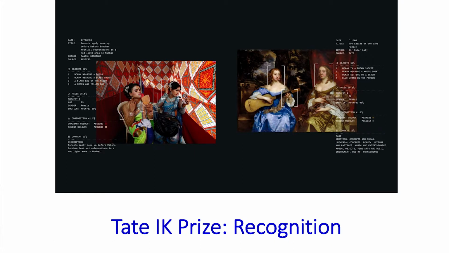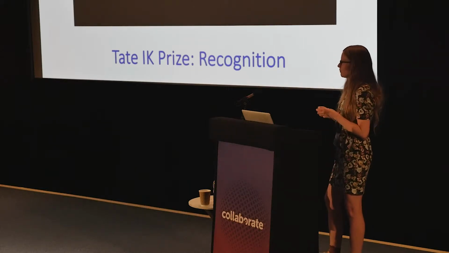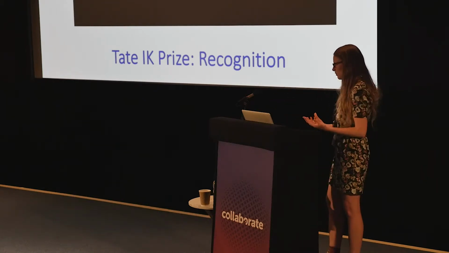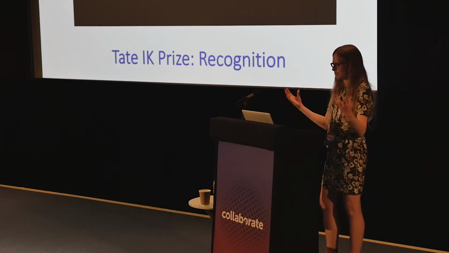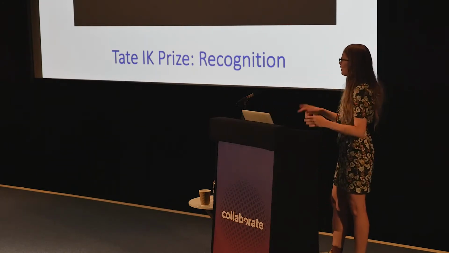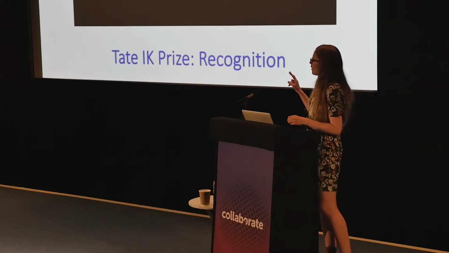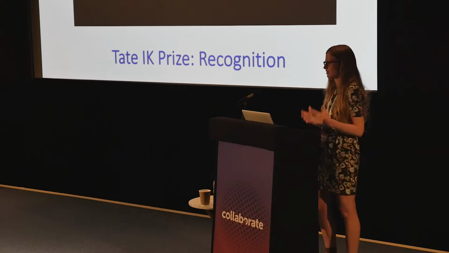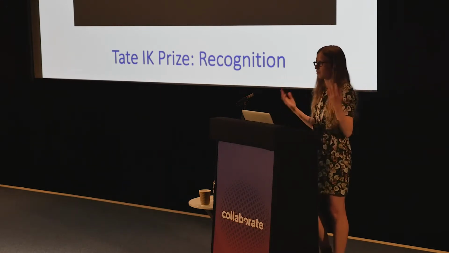One of the first art world projects I saw there was this IK prize from the Tate. The Tate used to run this prize for using new technology to bring the Tate's collection to the world. And 2 years ago, they themed it on AI, and there were lots of submissions looking at how you can spread the British technology.